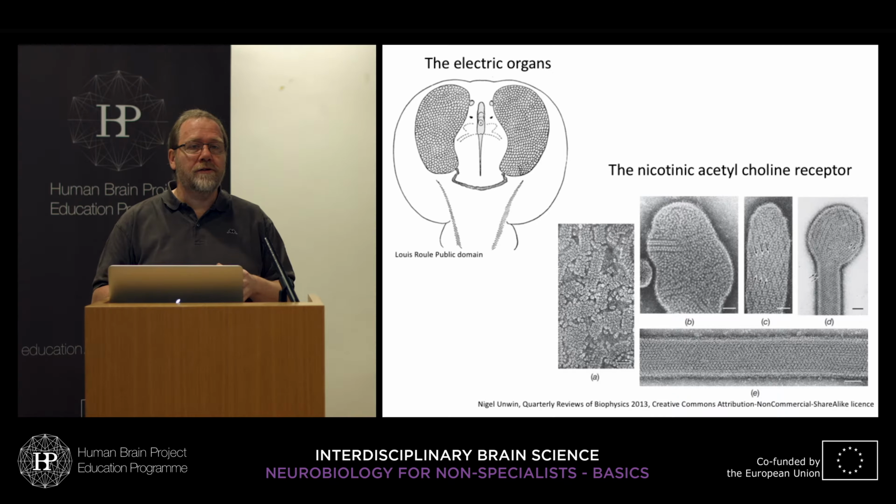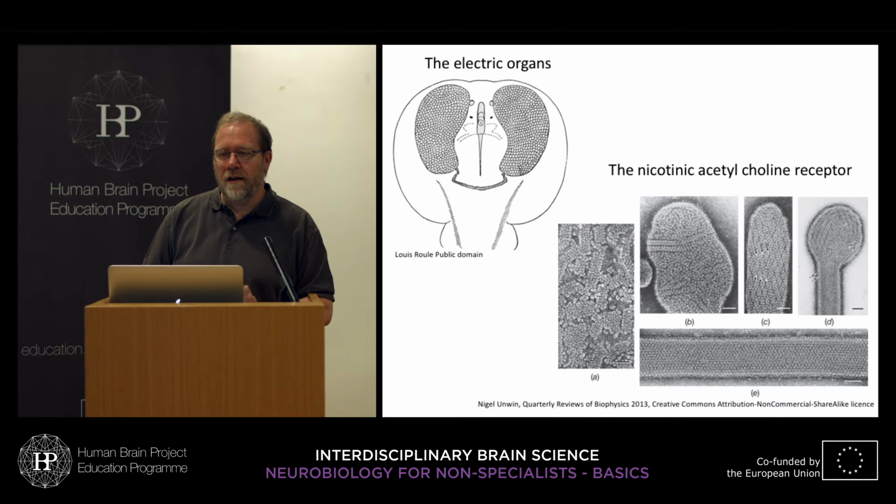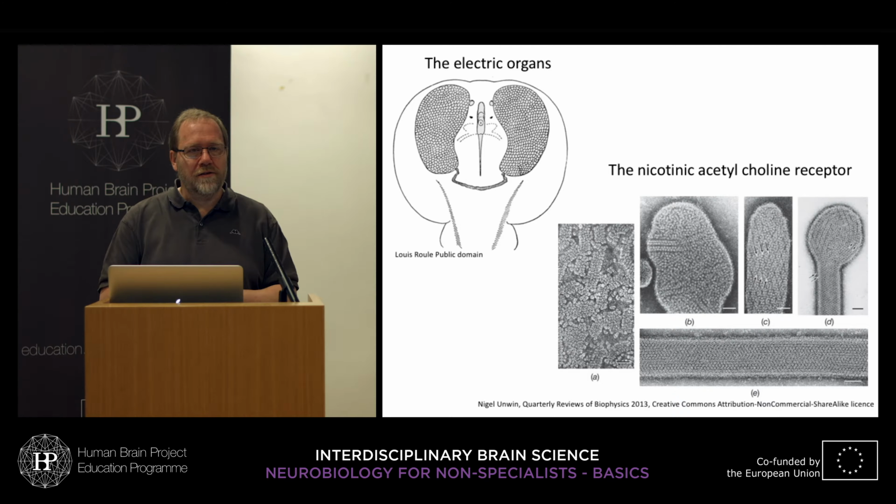And what these electric organs do basically is they can depolarize a large field at the same time, which allows the animals to produce currents, which is used for hunting and also for defense. So the electric eel can produce up to 500 volts with these organs. So this is really something strong, and it can be dangerous also for human beings in contact with these animals.